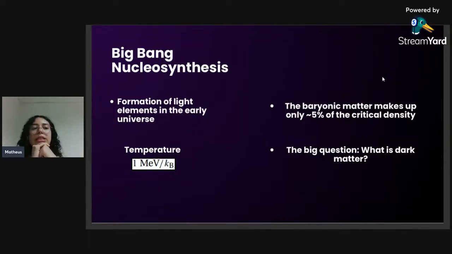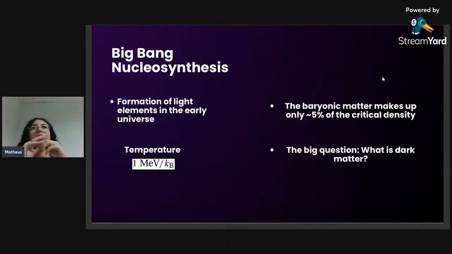So this is about Big Bang nucleosynthesis, which I think is more difficult to understand. It is complex. Basically, BBN, as we call it, is a process of formation of light elements in the early universe.